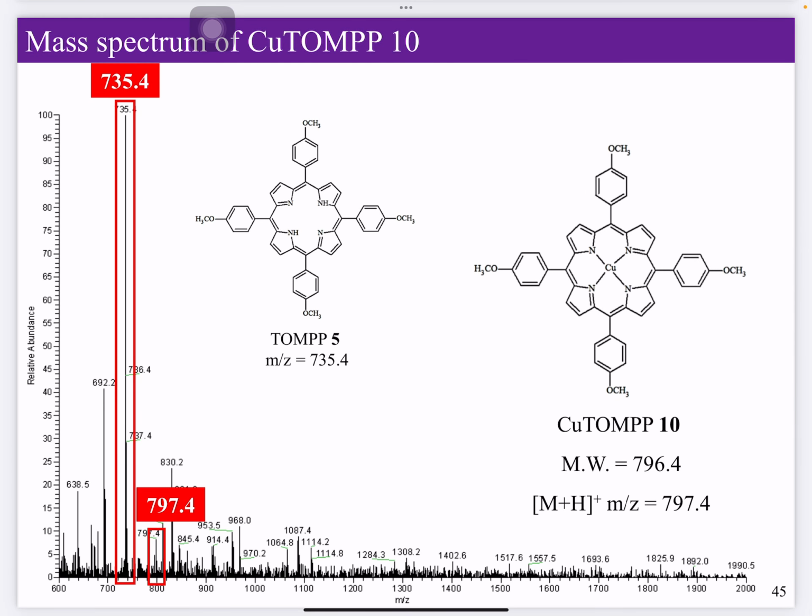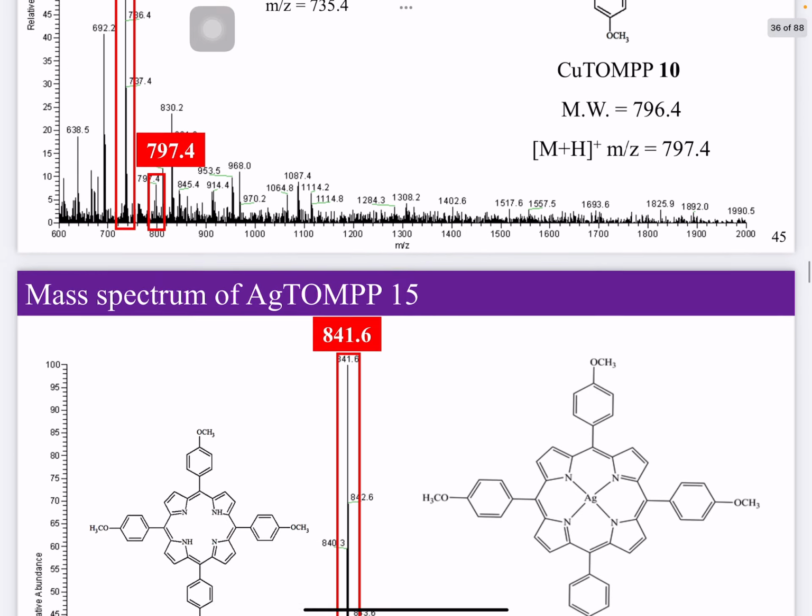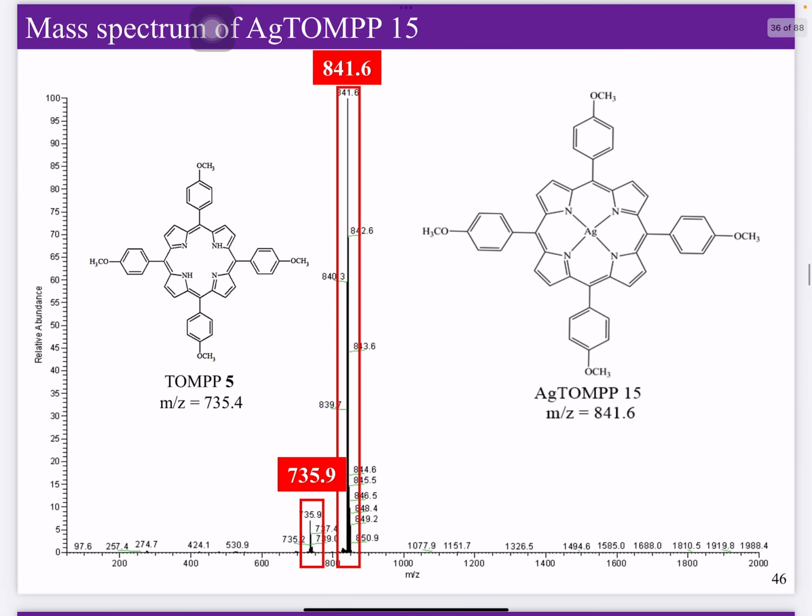So the mass spectrum of copper TOMPP shows the major peak of 735, which represents the free base ligand. However, the copper TOMPP with mass 797 is shown with a small peak. The majority of them lost the copper ion and formed the free base porphyrin in the majority of copper complexes.